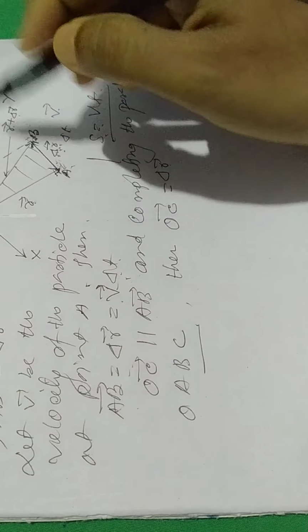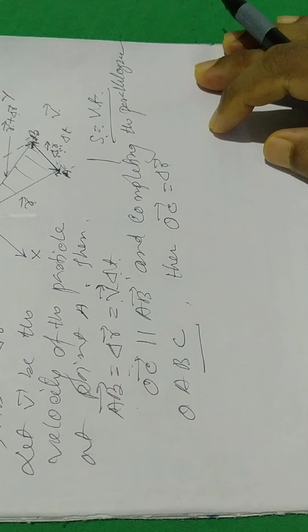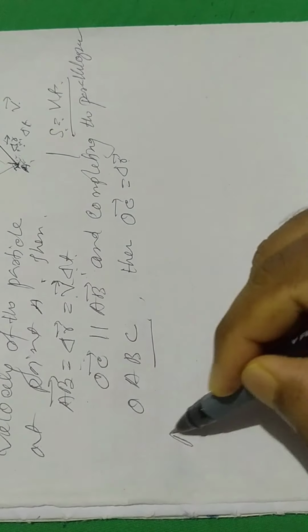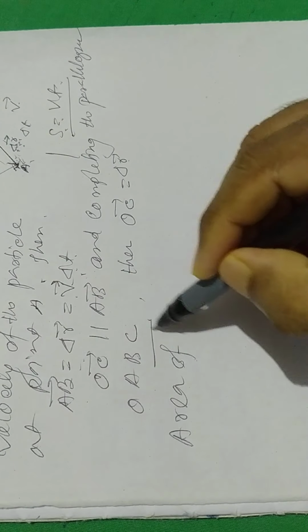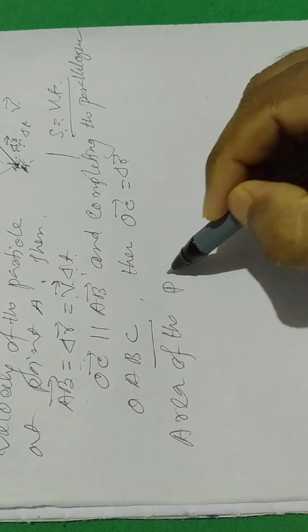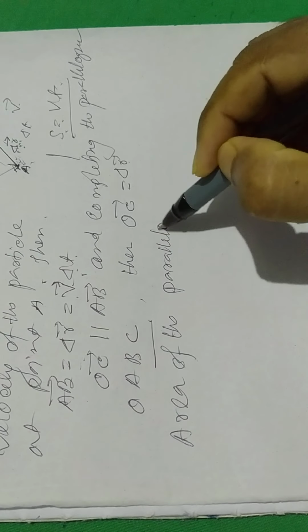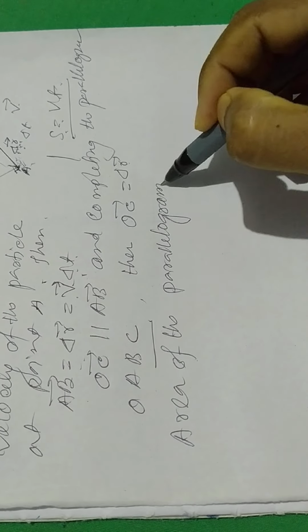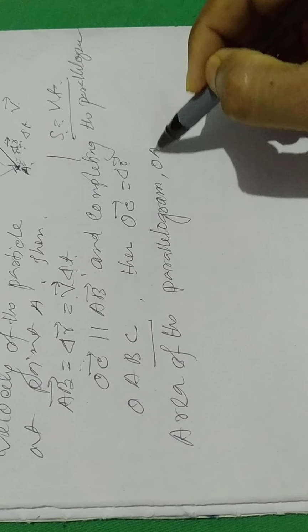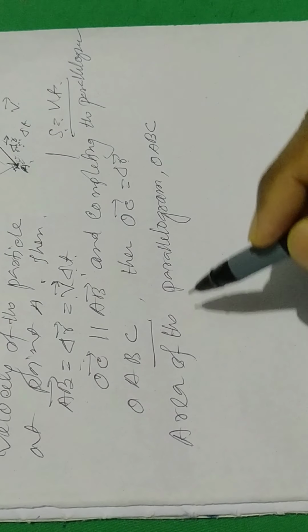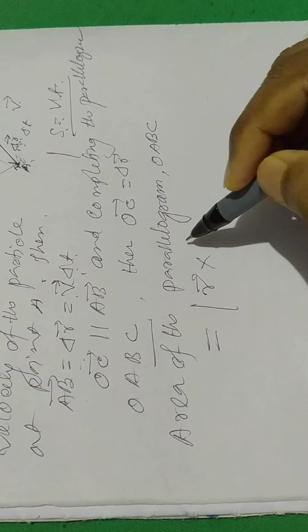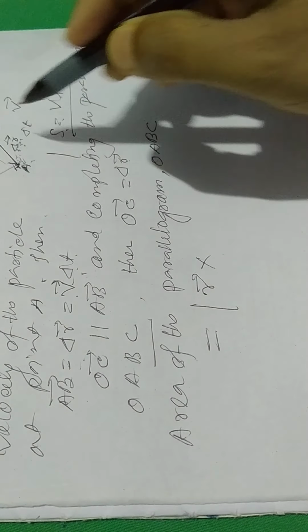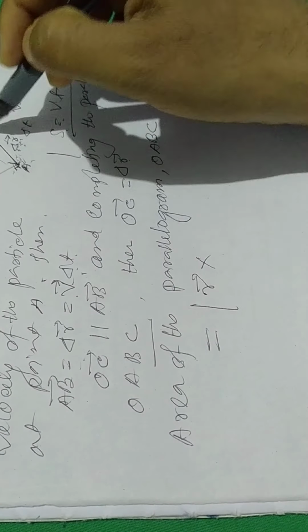Now what is the area of the parallelogram? The area of the parallelogram is the magnitude of the cross product of the two sides OA and AB.